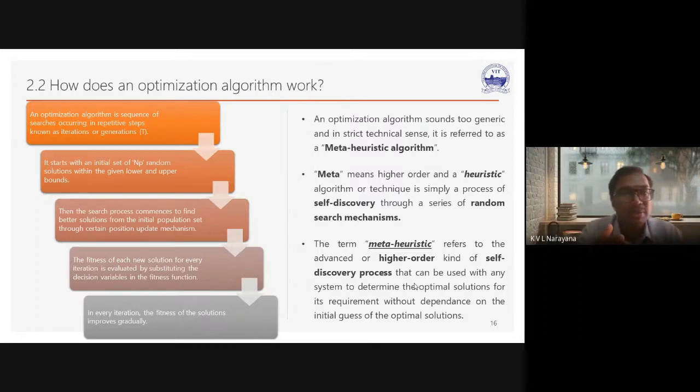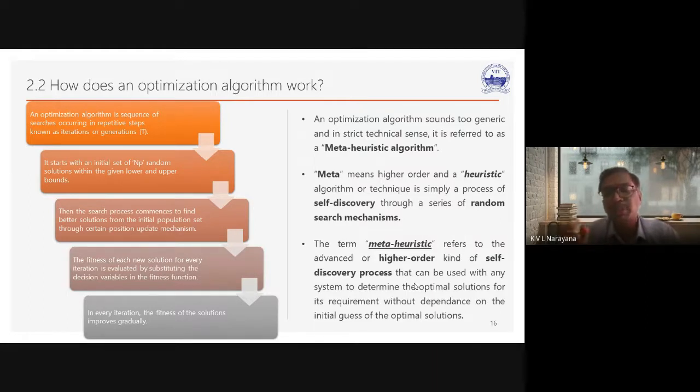The positions of the particles are updated using some equations, which form the search mechanism. Those are called velocity equations in PSO. In every iteration, the fitness of the solution improves gradually.